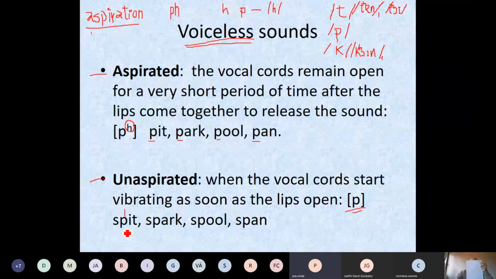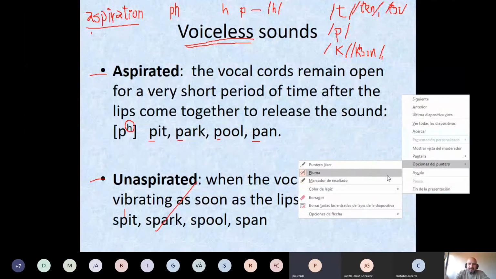And if you say spit, the piece of paper does not move, or it moves really, really little. When you say park, big puff of air. When you say spark, no puff of air. Pool, spool. Pan, span.